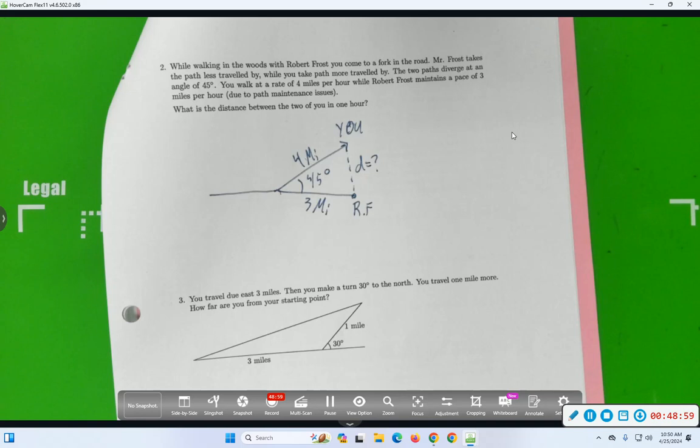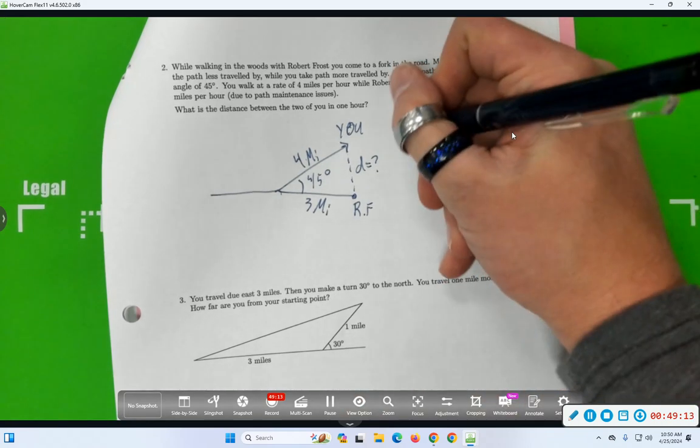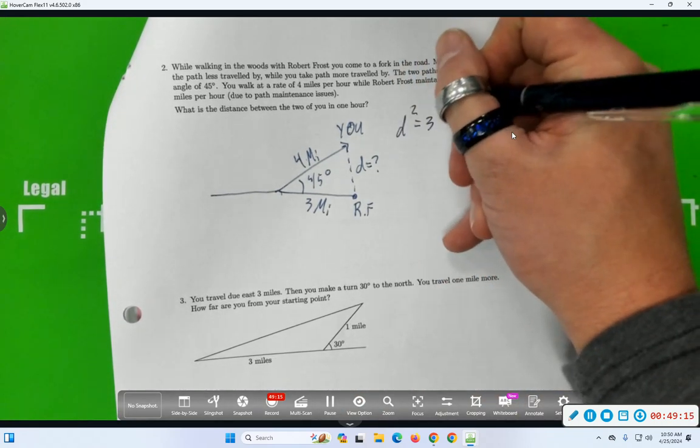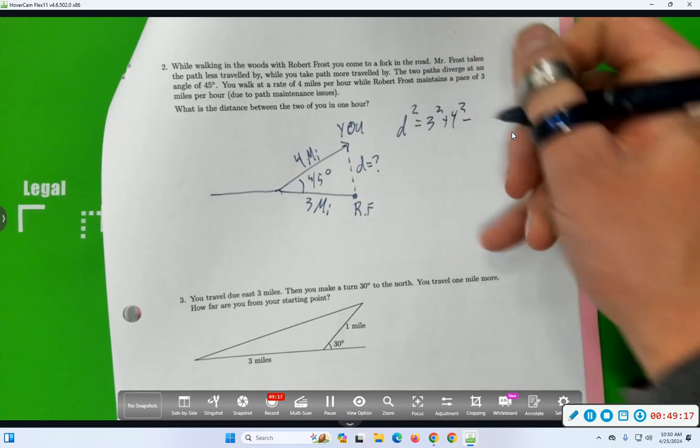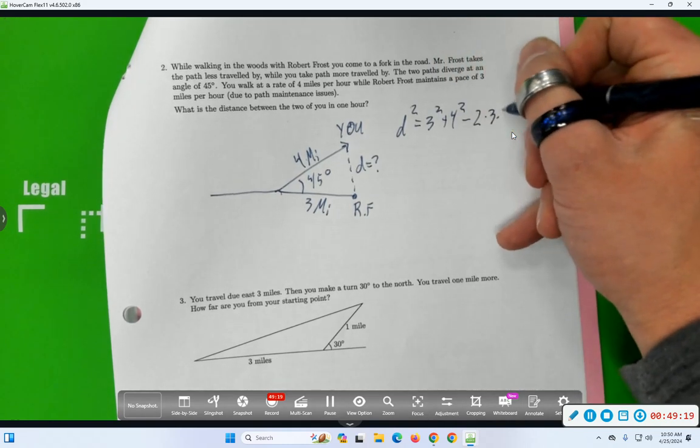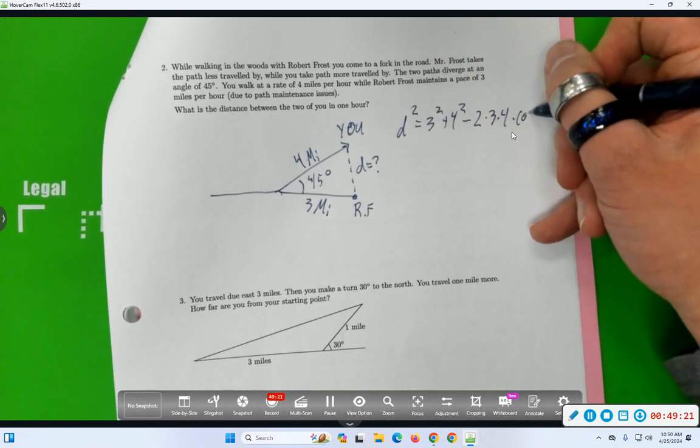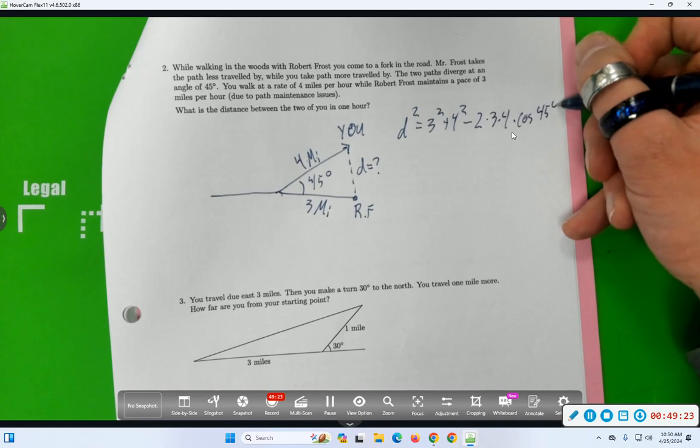And to decide how, let's start by figuring out if we should use the law of sines. Do I see a pair consisting of a side and an angle opposite that I know? Nope, so I should use the law of cosines. And in fact, the law of cosines I think will be right easy. D squared equals 3 squared plus 4 squared minus 2 times 3 times 4 times cosine of 45 degrees.